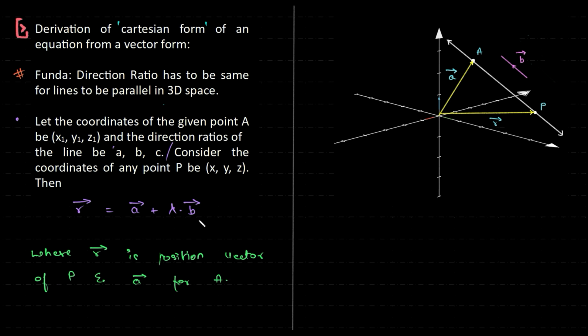So let me continue with this. Now, on expanding it, what will you get? We can rewrite it as x i cap plus y j cap plus z k cap. This is equal to, on the right hand side, in place of a, we have x1 i cap, y1 j cap, and z1 k cap, plus lambda a i cap plus lambda b j cap plus lambda c k cap.